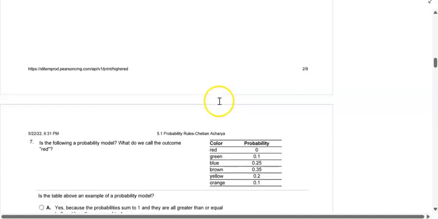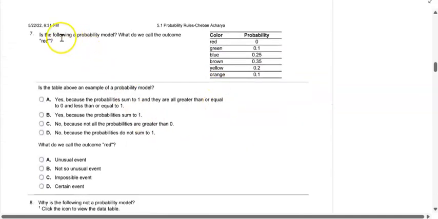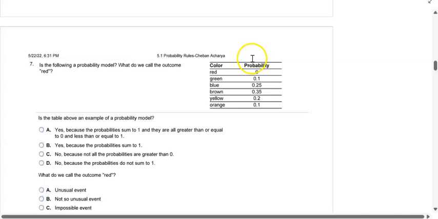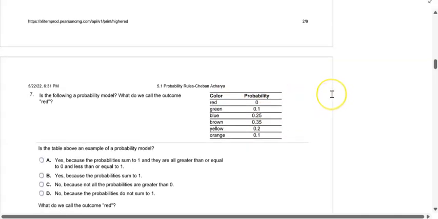Number 7. Is the following a probability model? What do we call the outcome red? Notice that for a probability model, all the probabilities must be between 0 and 1, and that's the criteria.